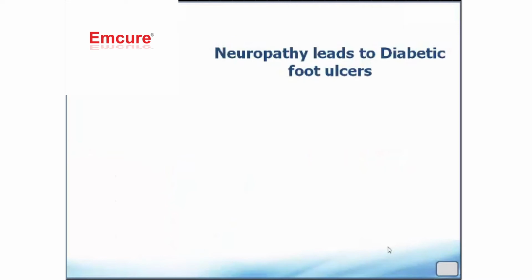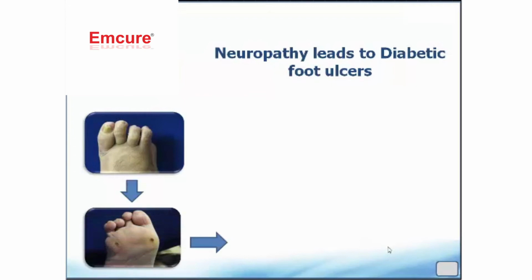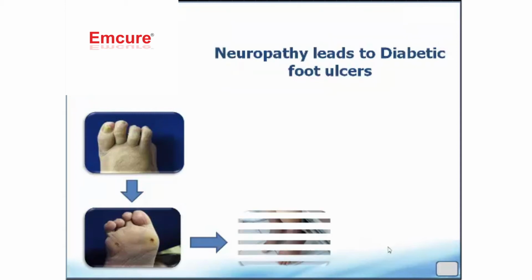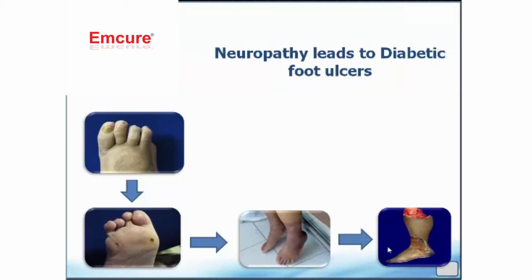Now neuropathy also leads to diabetic foot ulcers. The patient can have loss of sensation, so if the patient gets ulcers, he may not be able to identify them, and there is no pain in these ulcers, which ultimately leads to a condition of gangrene or amputation in these diabetic individuals.